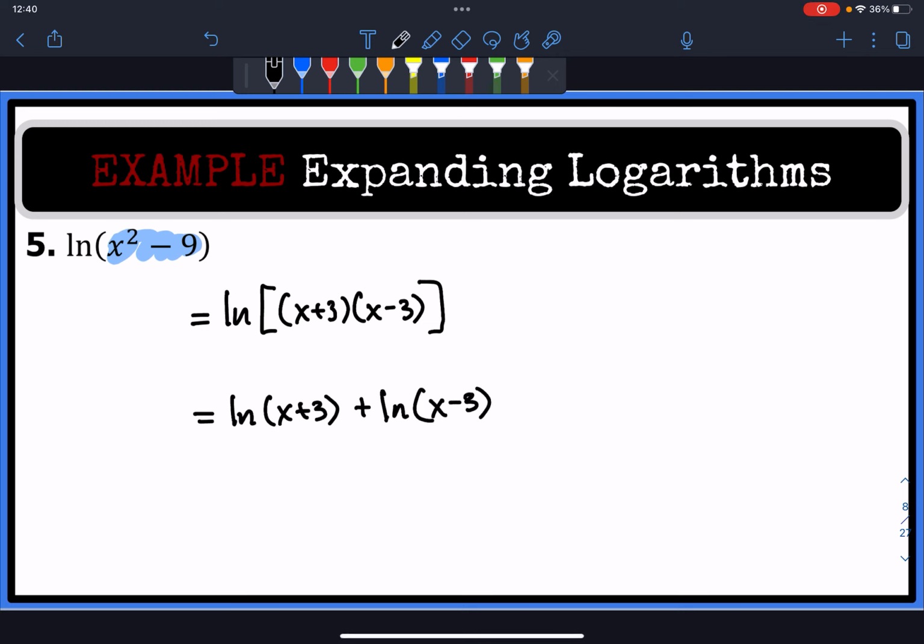So as you can clearly see, the idea here to expand it is just to identify the two things that are being multiplied together in order to give each factor its own natural log, and then add those natural logs together.